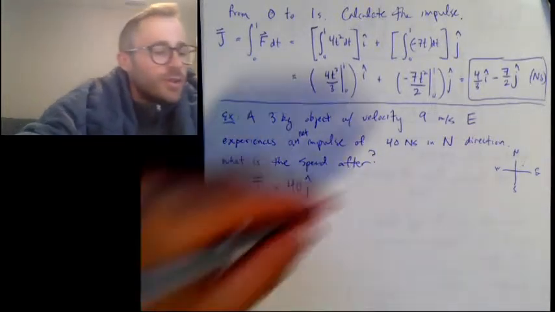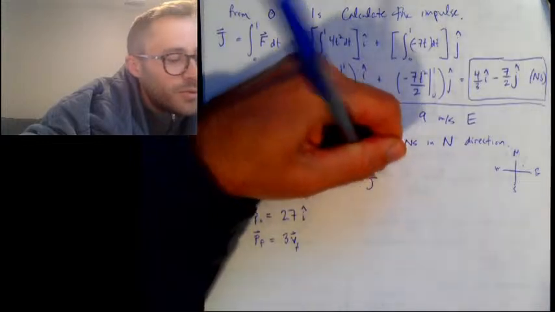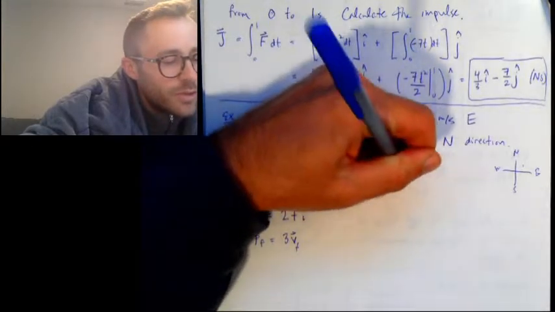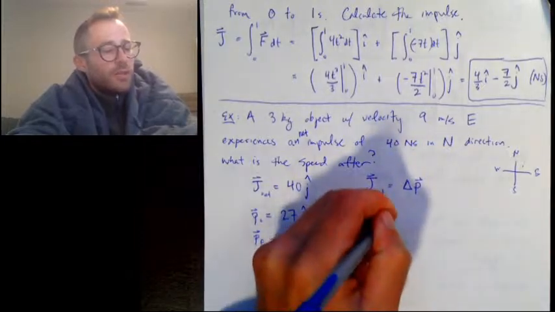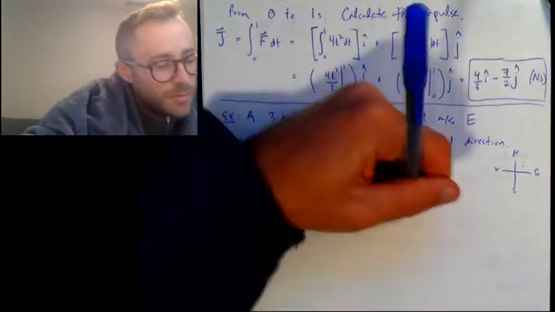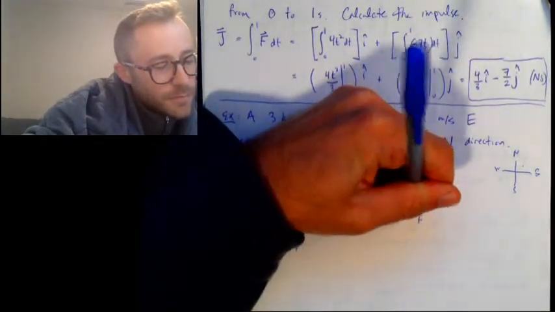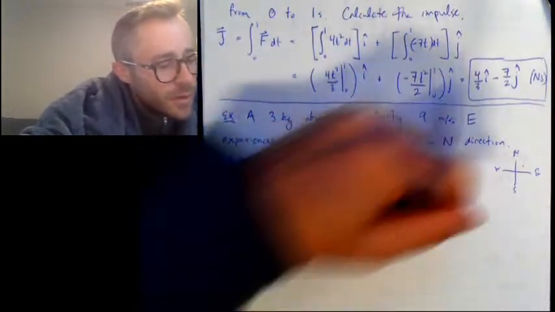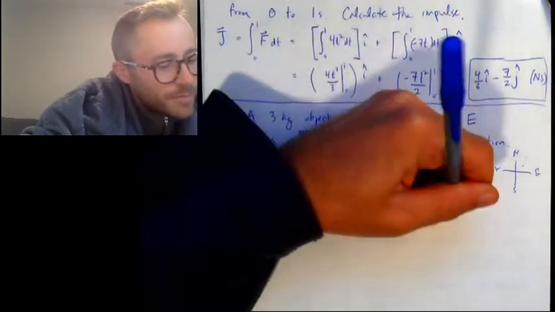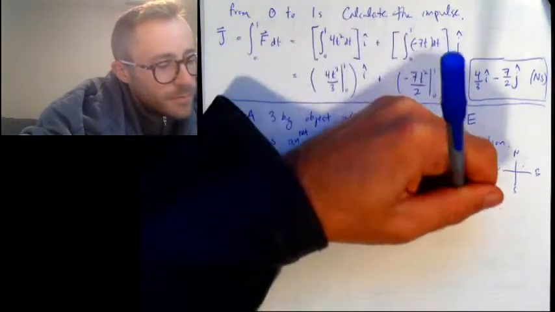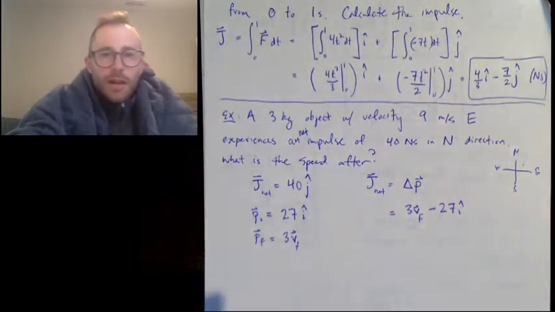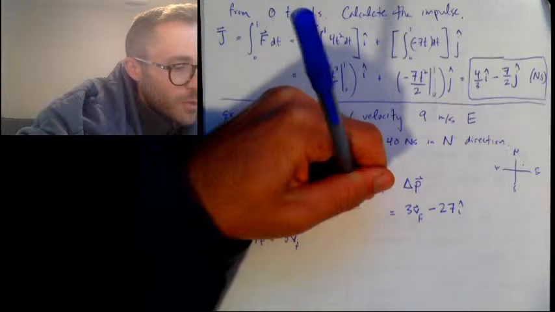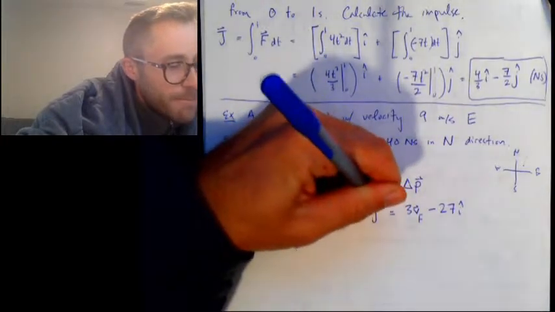Now we use the fact that the impulse due to the net force is equal to the change in momentum of the object. Change in momentum is final momentum minus initial momentum. Net impulse is 40 j.